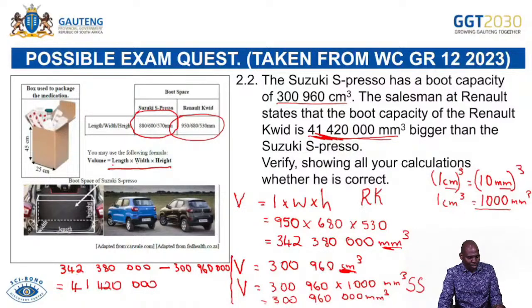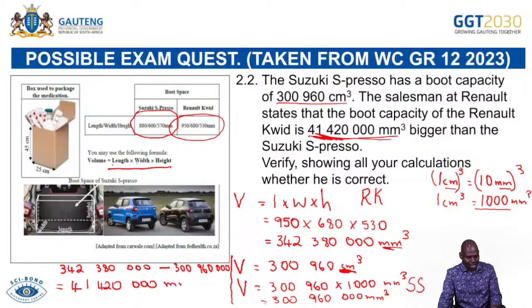Now, if I calculate the difference, 342,380,000 minus 300,960,000, the answer that I'm getting is 41,420,000.